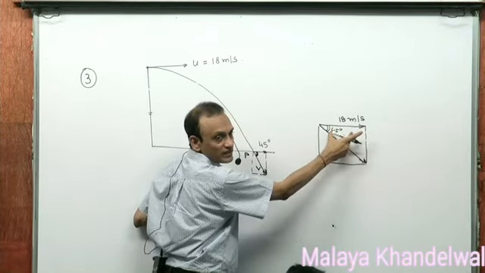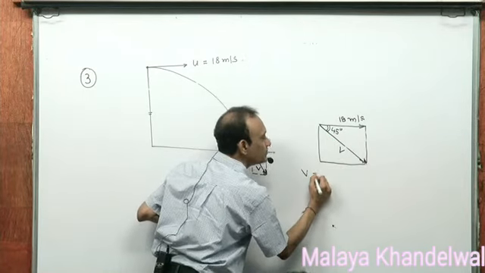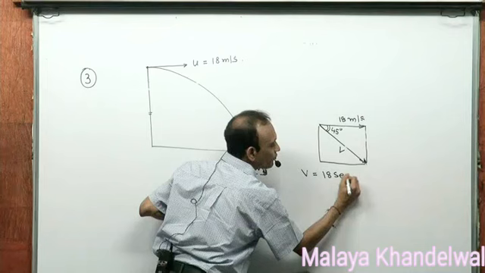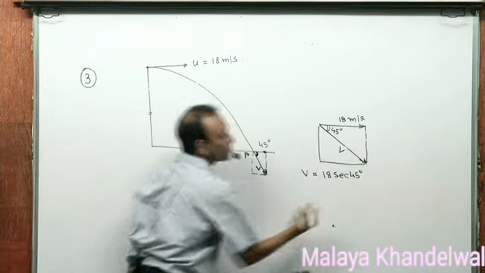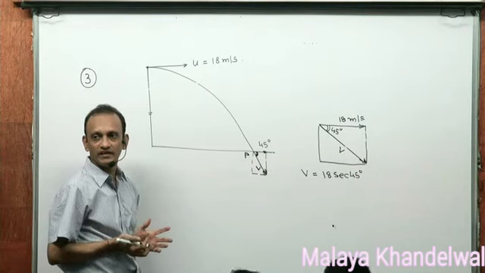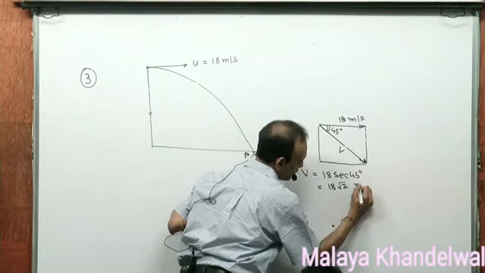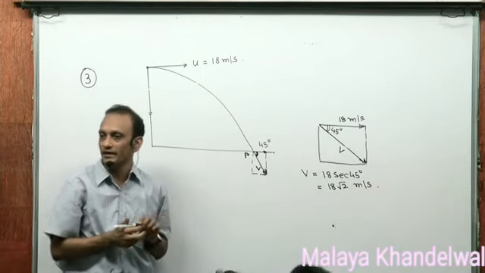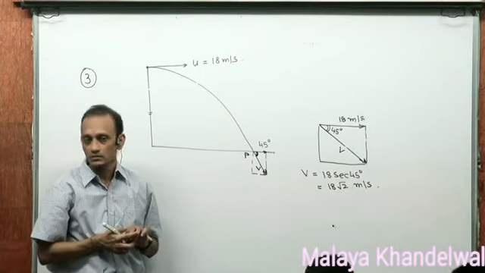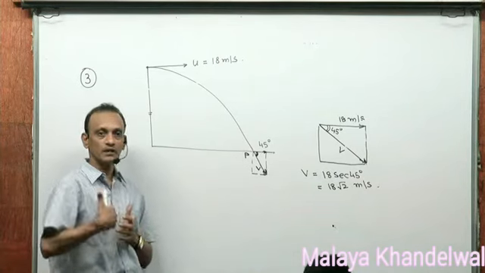V sec 45 degrees. 18 sec 45 degrees would be V, isn't it? V is 18 sec 45 degrees, which is 18 root 2 meters per second. I hope all of you got this right, all by yourself. Easy, no? Stand by.